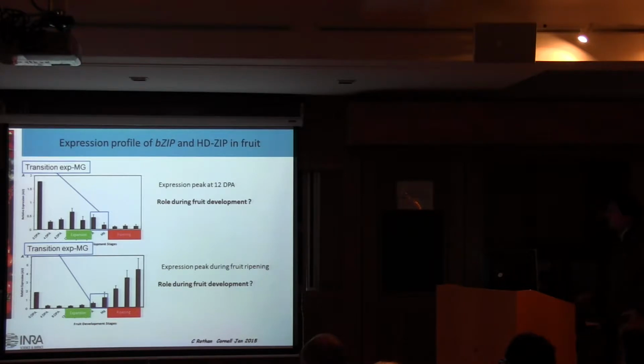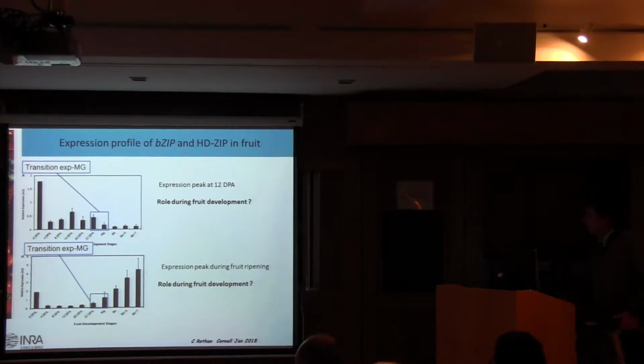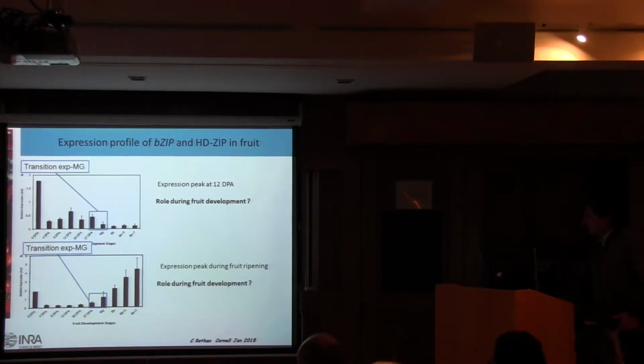But what is quite interesting is that, because we were working on cell expansion, these genes have their expression modified before the mature green stage, so during the cell expansion.